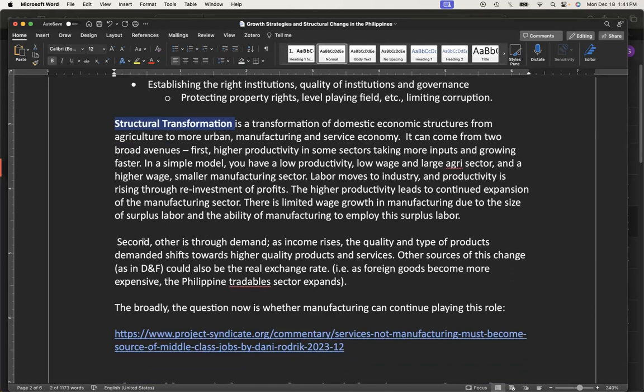The second basic way that structural transformation can happen is also through demand. As income rises, the quality and type of products demanded shifts towards higher quality products and services.